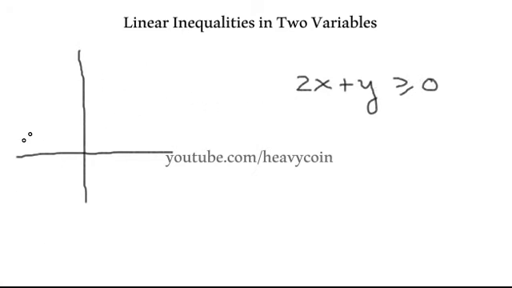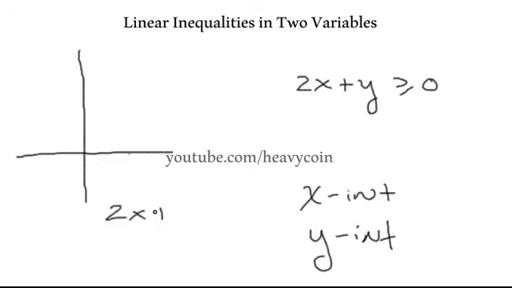Where is the line located? That's the deal. So we're going to find our x-intercept, and then we're going to find our y-intercept. Remember the x-intercept, that's where it crosses the x-axis. That's when y is 0. So we want to plug a 0 in for y here, and then solve for x.